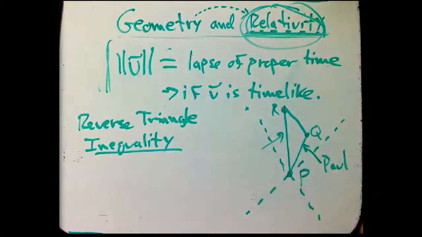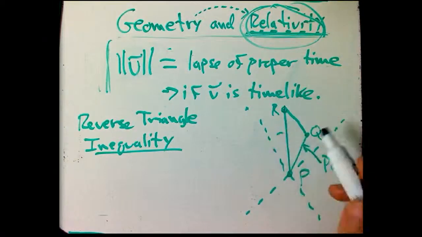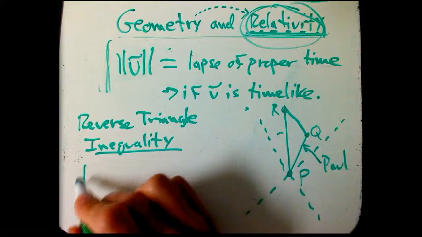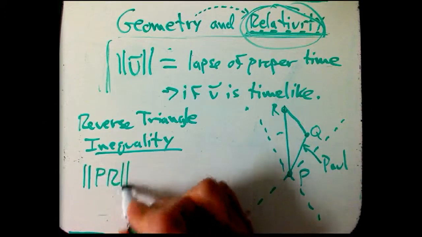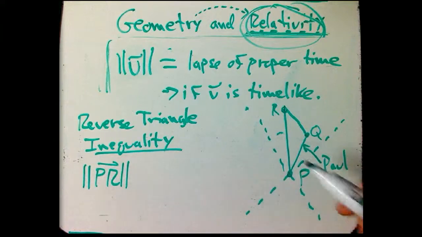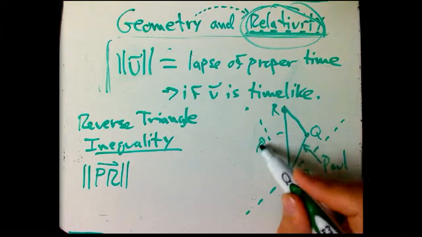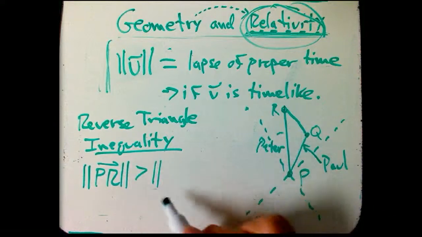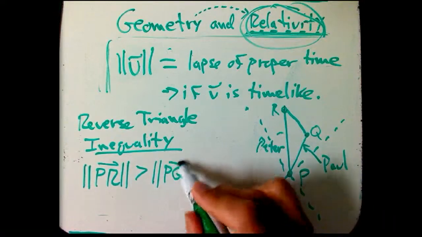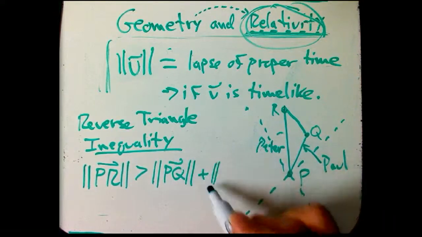The reverse triangle inequality is true in Minkowski geometry, and that says that the proper time lapse experienced by Peter is greater than the sum of the proper time lapses experienced by Paul.